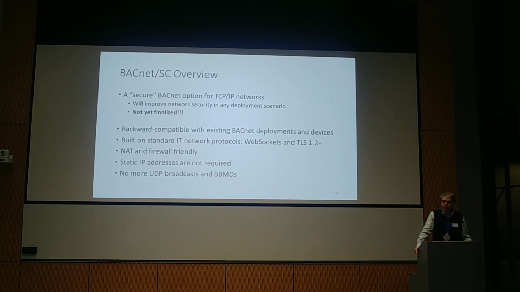That will be an alternative for BACnet IP when you need more security. And an important point is that it's designed to work with existing IT security methods. So if you already have VLANs, you will be able to use BACnet SC in combination with those VLANs, so you get an extra level of security.